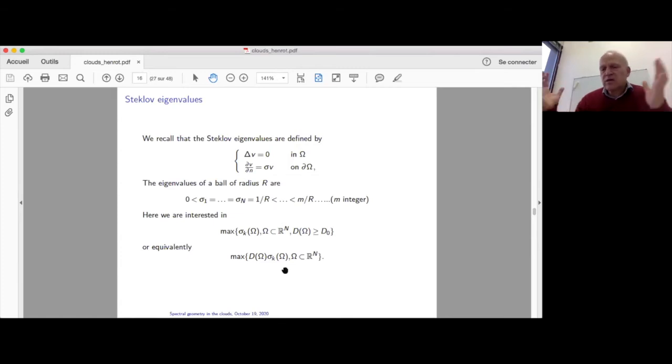If you make a dilation, sigma k is divided by the ratio and the diameter is multiplied by the ratio. So the product diameter times sigma k is scale invariant, and these two problems are equivalent. The second one has an advantage in some sense to get rid of the constraint, and you can make perturbations in a more simple way in particular. So this is the maximization problem I am interested in.